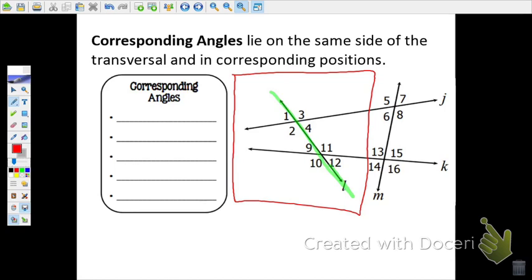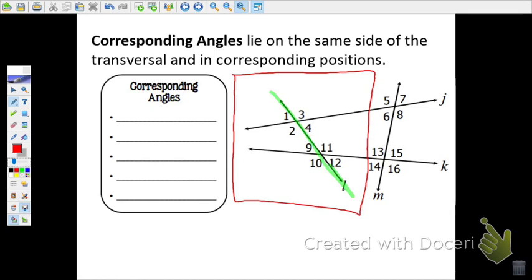So we're looking at pairs of angles. First pair of angles that we're going to be looking at are what we call corresponding angles. Corresponding angles lie on the same side of the transversal. Since our transversal is going up and down, same side means either both on the left or both on the right, and they need to be in corresponding positions with their line.